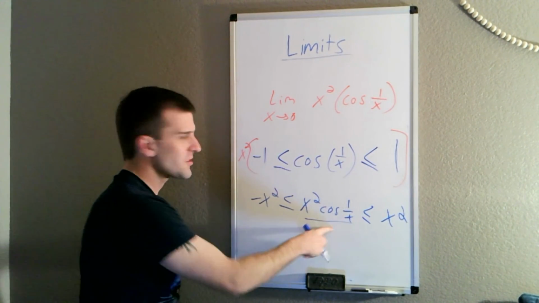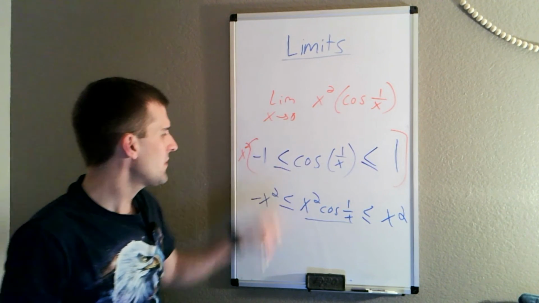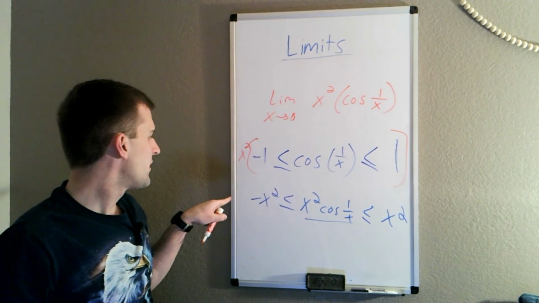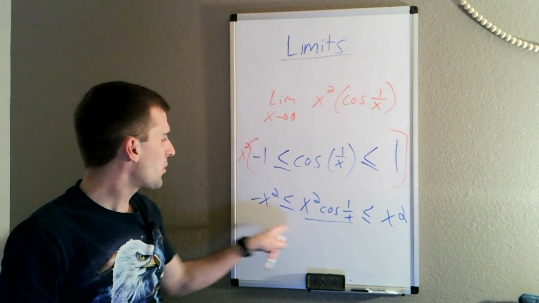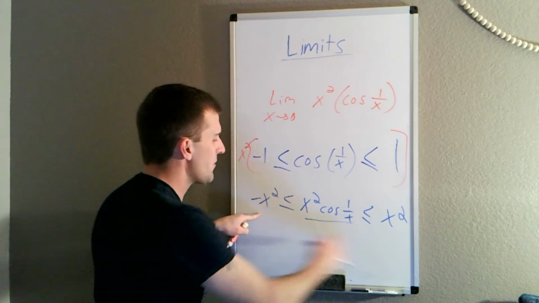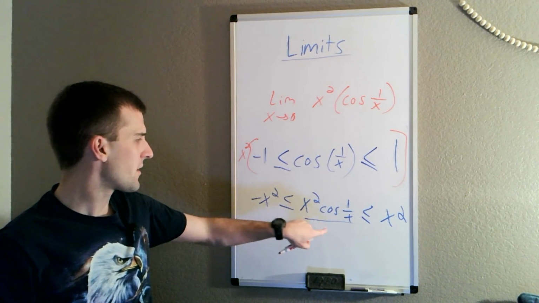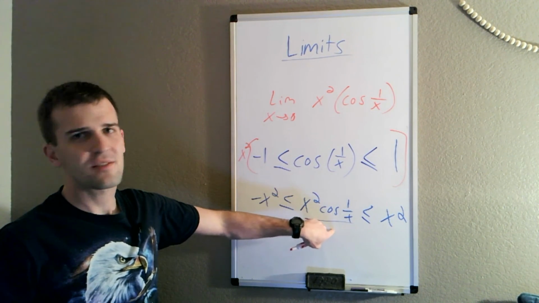And here we have the function we were originally starting with, that we did not know the limit of. So in this case, we know that this inequality is true, and if we take the limit of this side, and it matches up to the limit of this side, we know that that value is going to be the same thing as the limit of this.